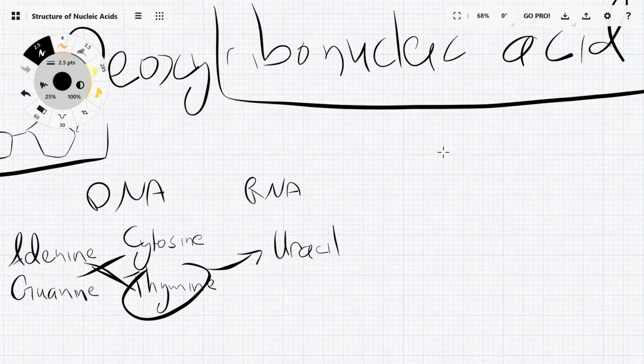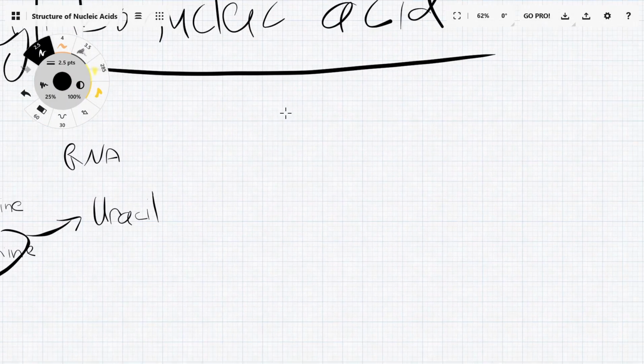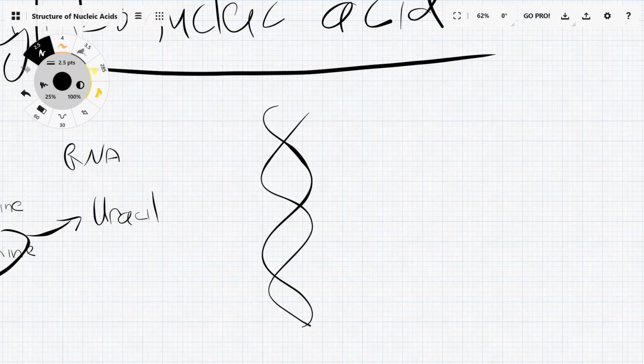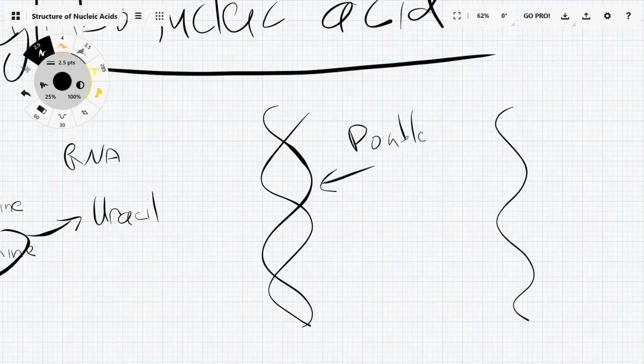So obviously we have DNA. DNA is a double-stranded molecule, and it forms a double helix. So a single helix would be just this sort of shape, a spiral pattern, while DNA forms a double helix shape. And it is anti-parallel. Now what does that mean?